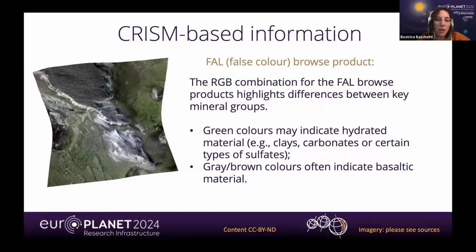In general, in the false color product, where you see green colors, it may indicate that we have hydrated material, for example clays, carbonates, or certain types of sulfates. And where you see gray or brown colors, you might have basaltic material.